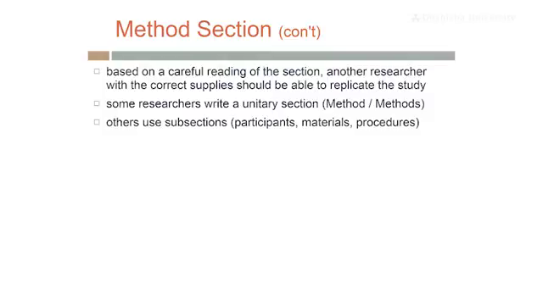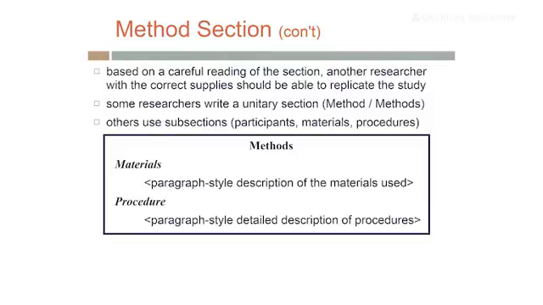So you have your materials and methods, and then a section on the participants, and then a section on the materials that were used, and then a section on the procedures that were used. In either case, it's going to be about the same. It's really more of a difference of do you want to put in the subheadings or not. But think about how complicated what you're doing is, how many pages it is. If it's only a page long, then you probably don't need subsections. But you can do it either way. You can do it as a unitary section, or as is shown here, you could have methods as the section title, and then you could have subsections such as materials and procedure.